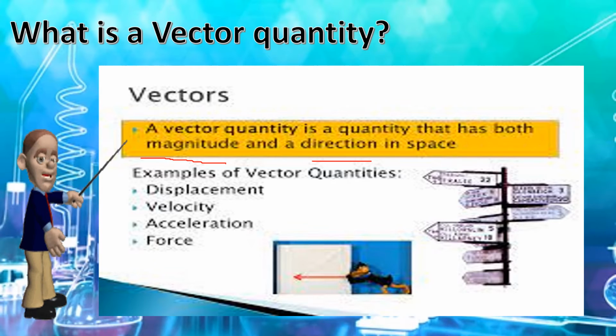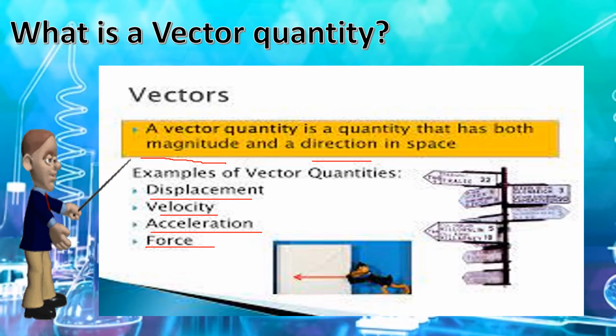Examples of vector quantities: displacement, velocity, acceleration, and force. Again, some examples of vector quantities are displacement, velocity, acceleration, and force. These examples have magnitude and also have direction.